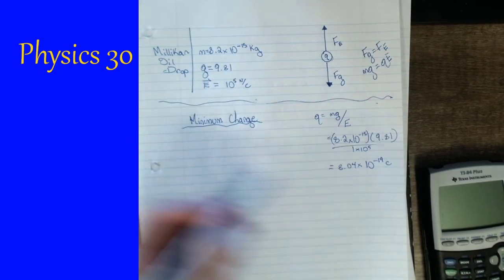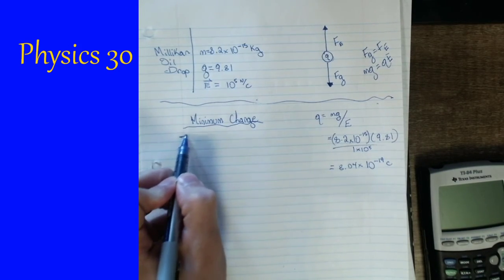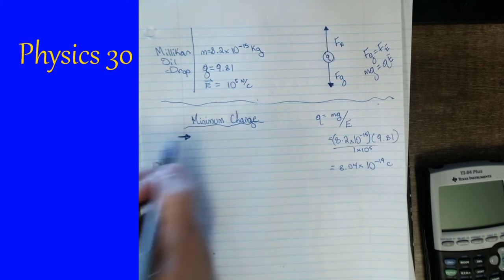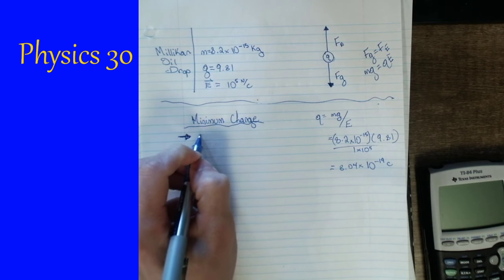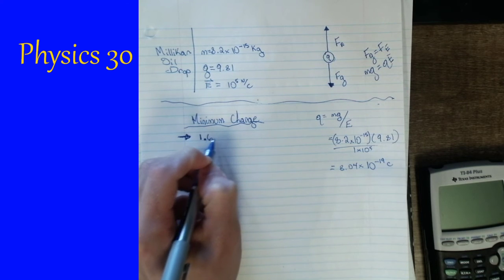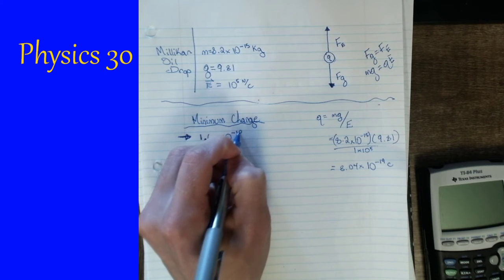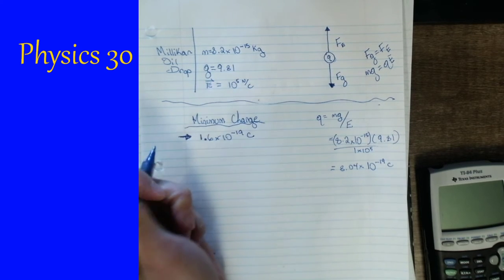Sorry, I digress a little bit, but Millikan finds that there's a minimum charge. It seems that the lowest it can be is this particular number, roughly 1.6 times 10 to the negative 19 coulombs.